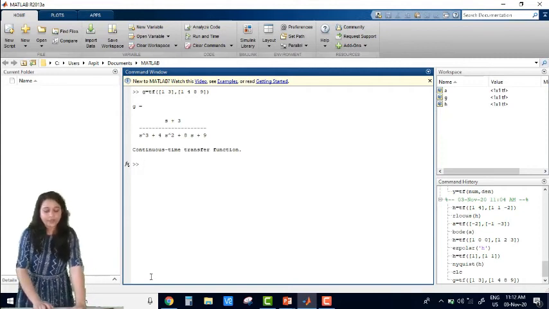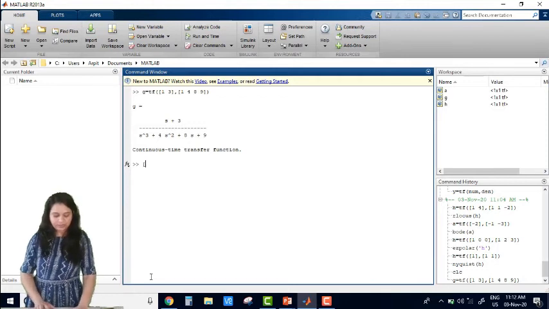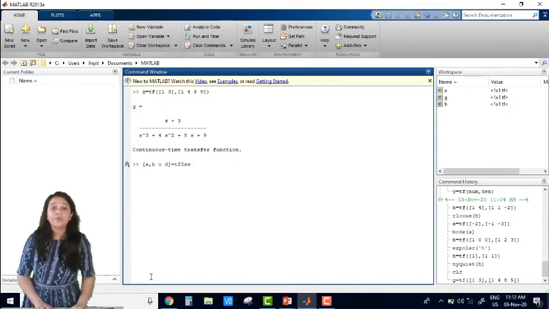Okay, now we have to convert the transfer function to the state space. So the command is a comma b comma c comma d, equal to tf2ss. This is the command to convert transfer function to the state space.